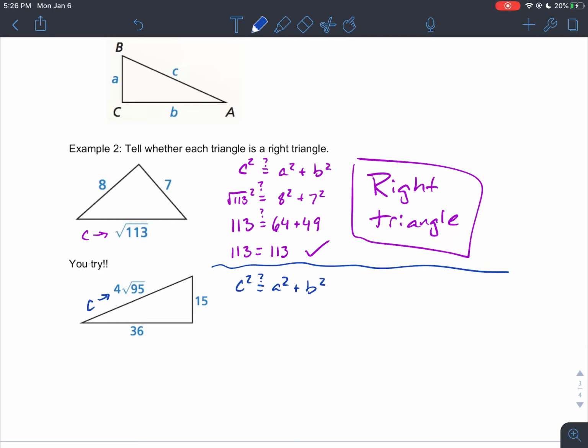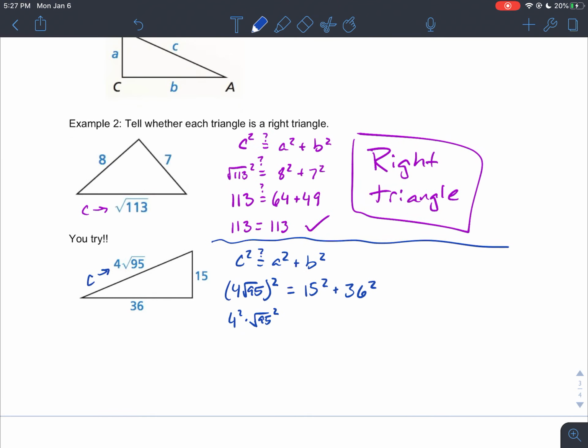Okay, so when we plug in, 4 square root of 95 squared equals 15 squared plus 36 squared. Because we are multiplying, we can actually separate that. That can be 4 squared times the square root of 95 squared.